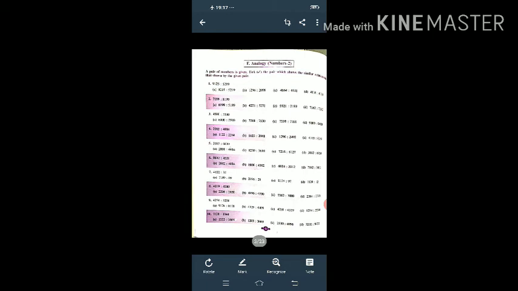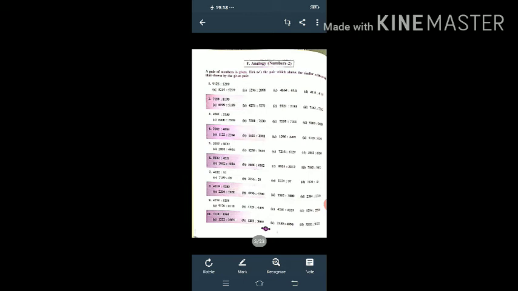Next one is 7199 and next one is 8199. It means 1000 is added to 7199, we get 8199. In this way look at which is same to that. Yes, B part: 4271 plus 1000, we will get 5271. Next again, students, 4500.